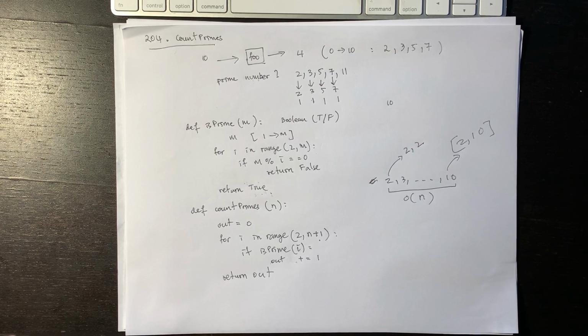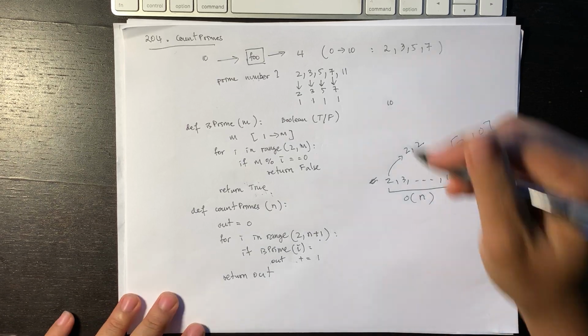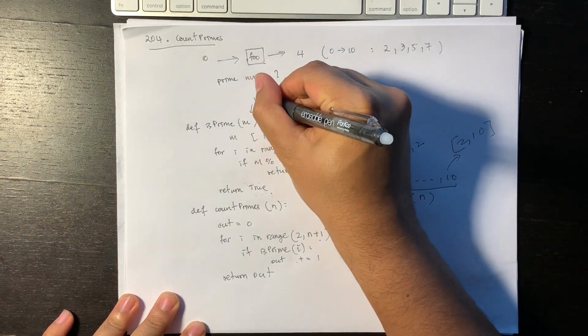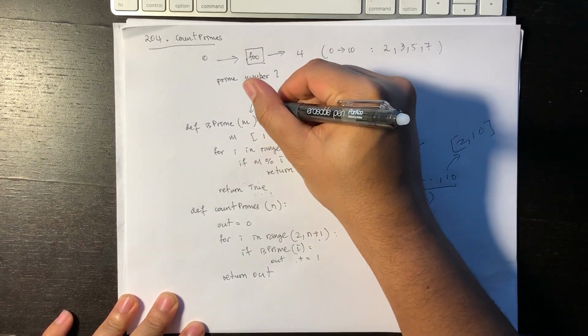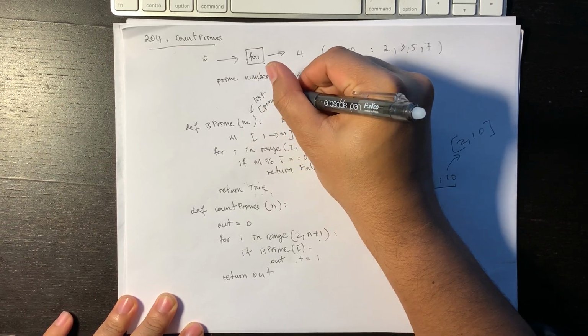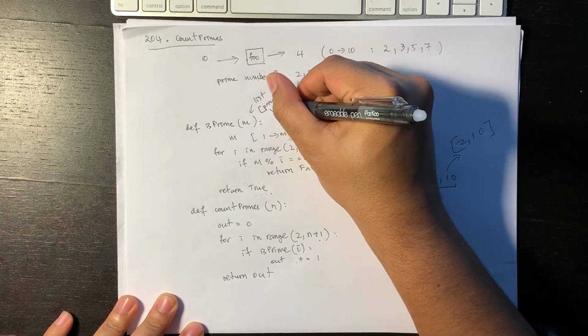We can save some time by passing to is_prime a list containing all the prime values that we have found.